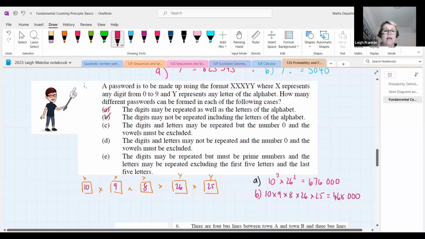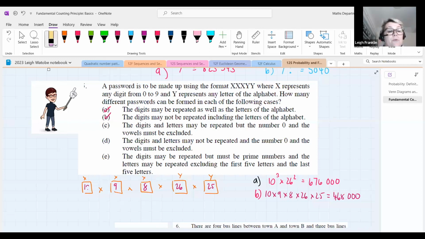Now they say to us, the digits and the letters can be repeated, but the number 0 and the vowels must be excluded. All right. So if 0 is being excluded, how many digits do we have? 9 digits.